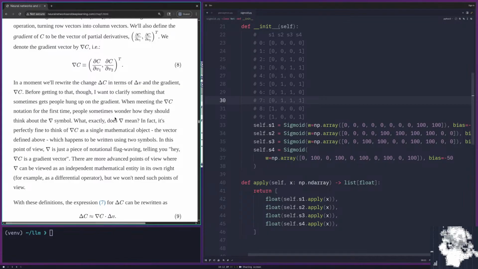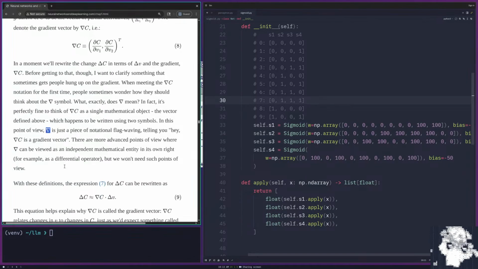In fact, it's perfectly fine to think of del of C as a single mathematical object, the vector defined above, which happens to be written using two symbols. In this point of view, del is just a piece of notational flag waving, telling you, hey, del of C is a gradient vector. There are more advanced points of view where del can be viewed as an independent mathematical entity in its own right, for example, a differential operator, but we won't need such points of view.